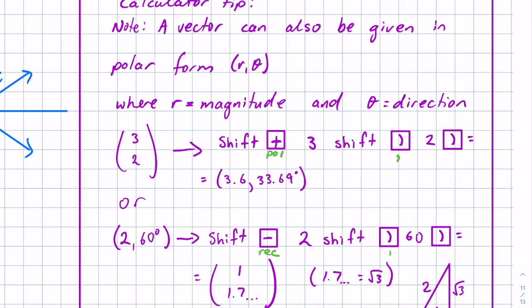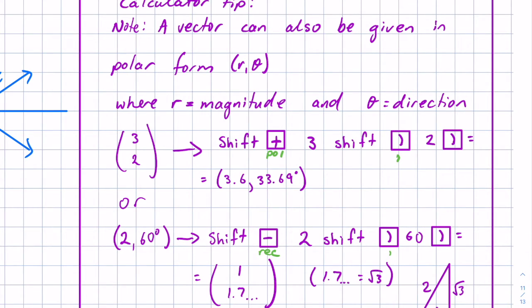So let's just talk about how to do this in our calculator. A vector can be given in what we call polar form, which is the magnitude and the direction, as opposed to rectangular or Cartesian form, which is like 3, 2 in brackets like this, or 3i plus 2j. So to put this into polar form, the first thing we do is shift plus, and we'll get a POL for polar on the screen.